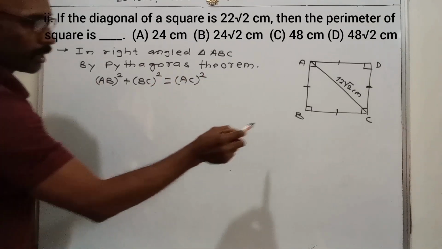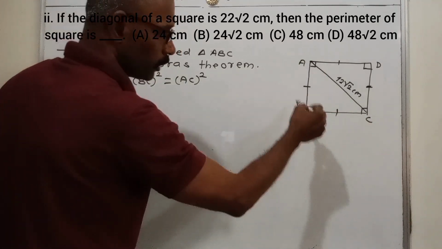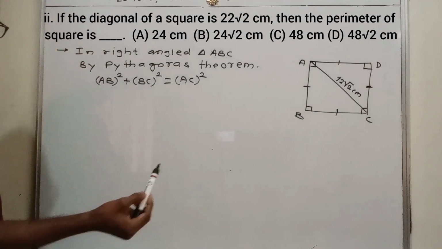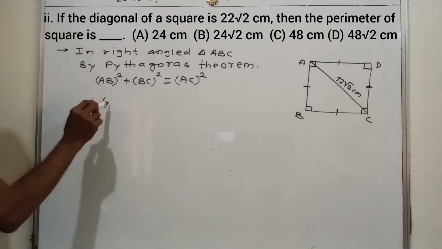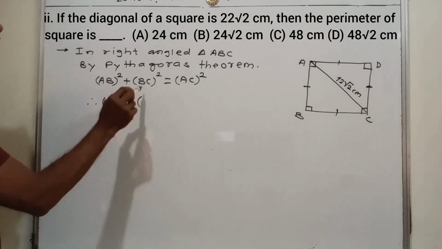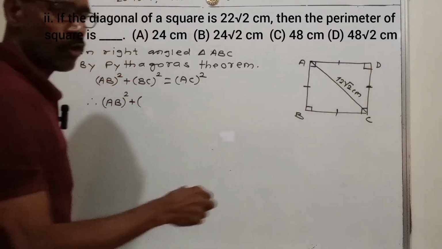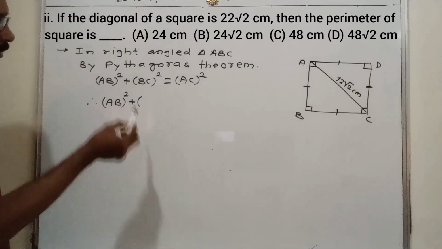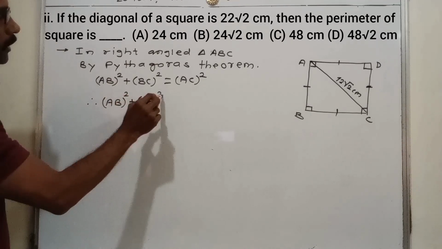Now I have told you, all sides are congruent. Therefore, in AB square plus BC, AB, CD, AD all are congruent. So instead of BC we write here AB.